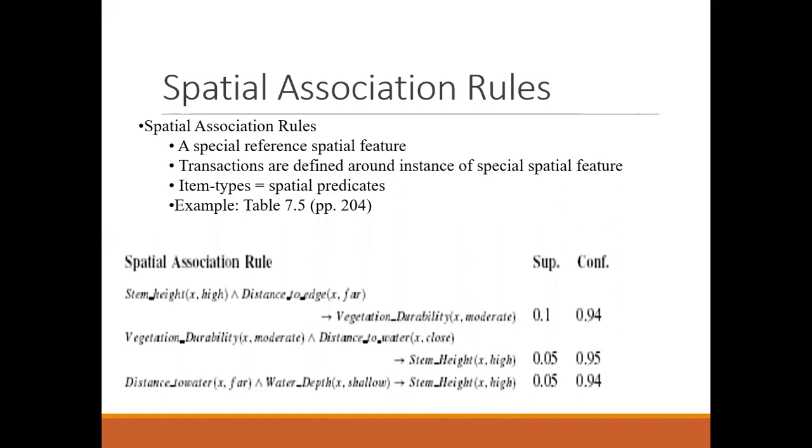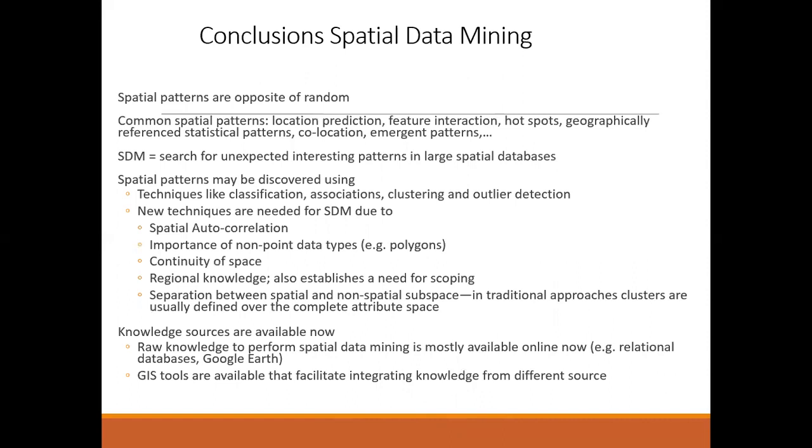Say, for example, vegetation durability is related to the distance to the water, where the river is, where the water source is. That is always related to the vegetation durability. The distance to water and the depth of the water all decide the stem height of a plant. These are nothing but real-time spatial association rules.